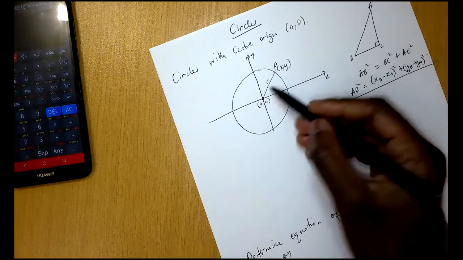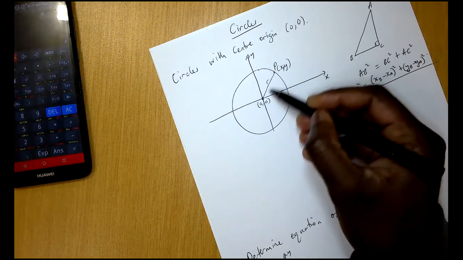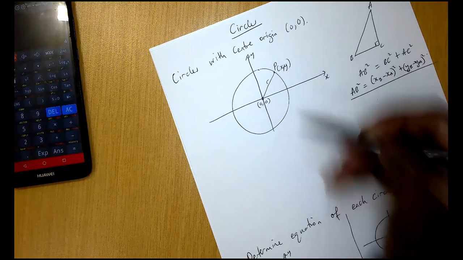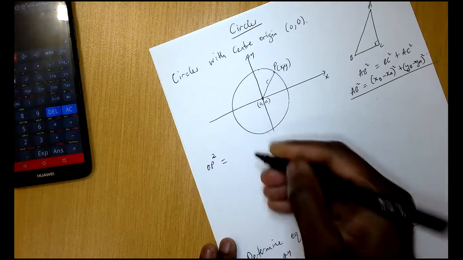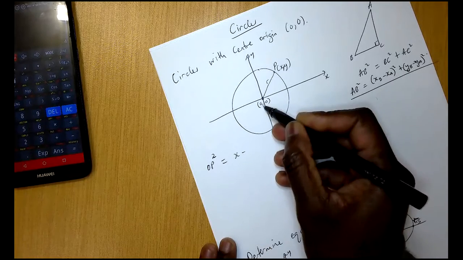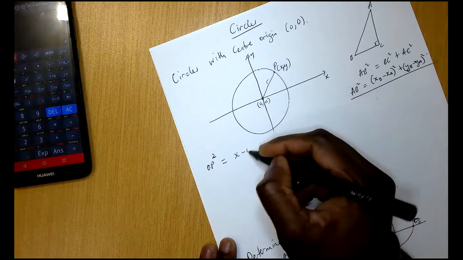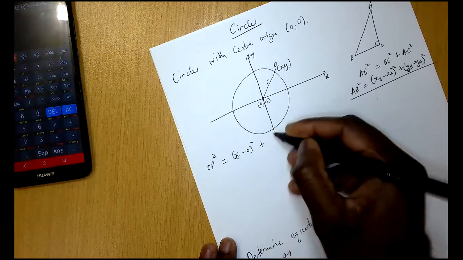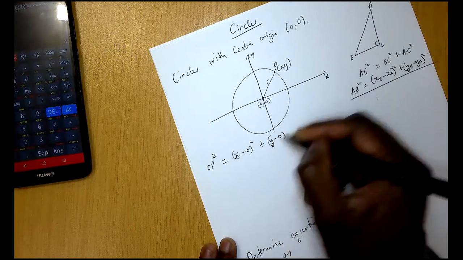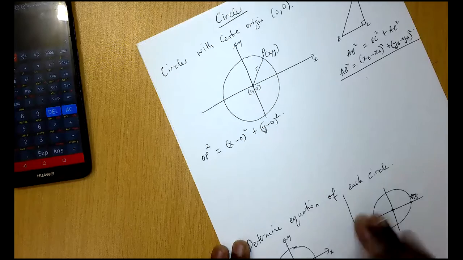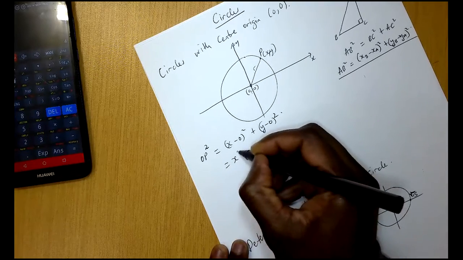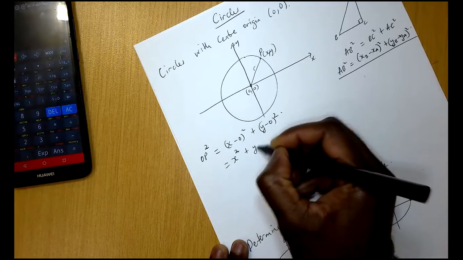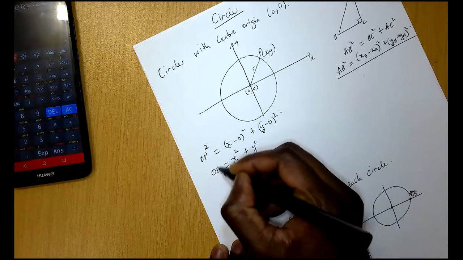We want to calculate R here. R is the distance OP. So OP squared is equal to X minus 0, squared, plus Y minus 0, squared. In the end we have X squared plus Y squared, which gives us OP squared.